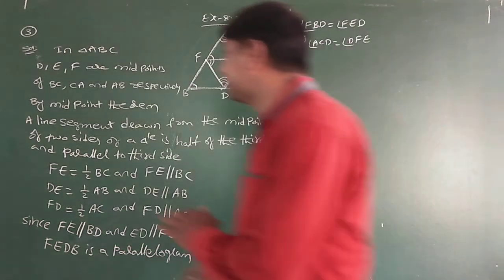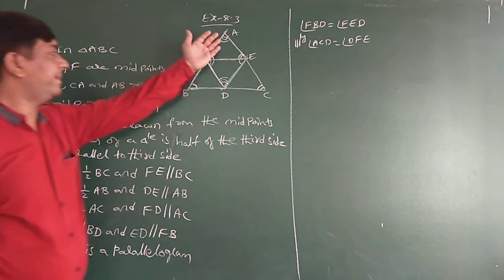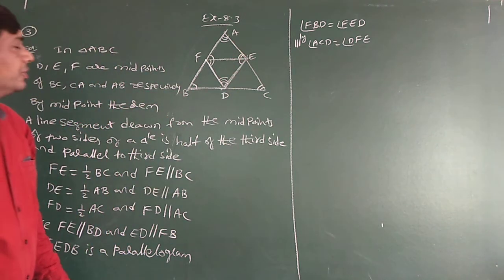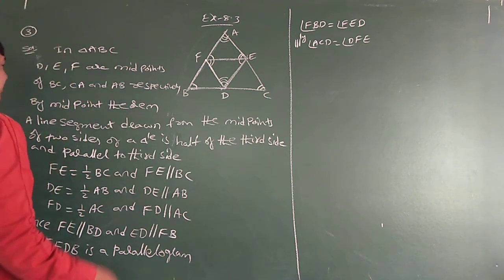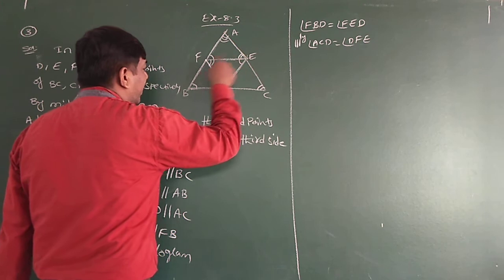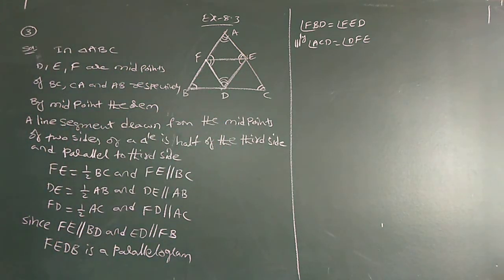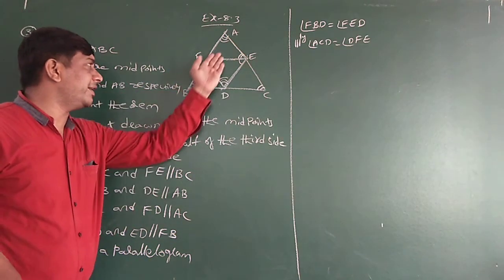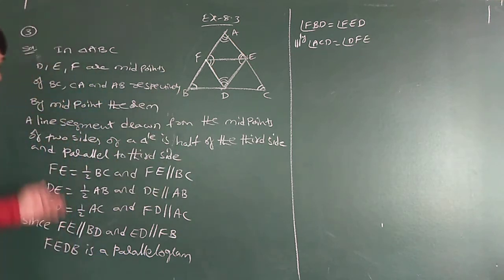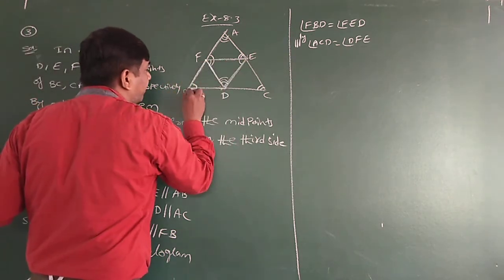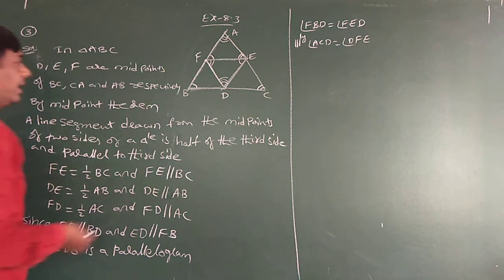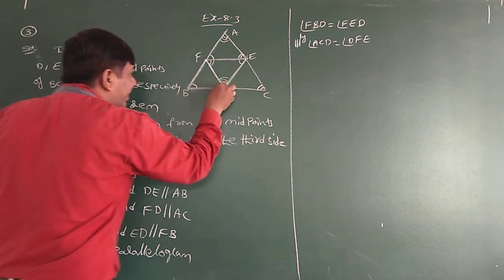Don't confuse yourself. In triangle ABC, D, E, F are the midpoints. By the midpoint theorem, a line segment drawn from the midpoints of two sides of a triangle is half of the third side and parallel to the third side. Using that concept, I get these three conditions. FE is parallel to BD because FE is parallel to BC, and FD is parallel to ED.